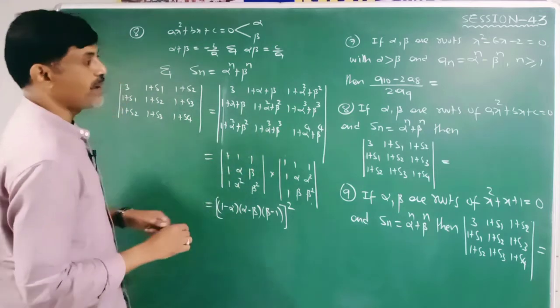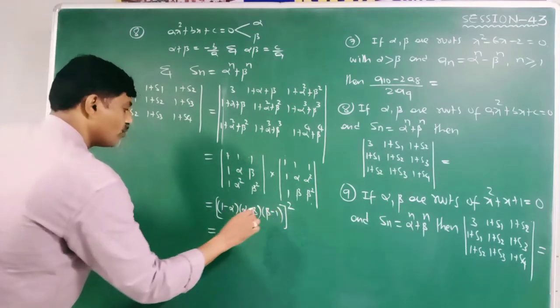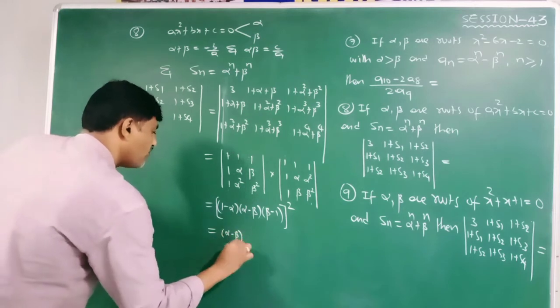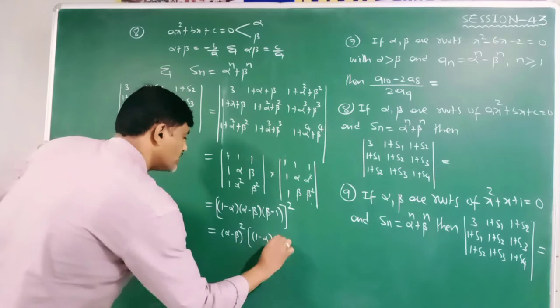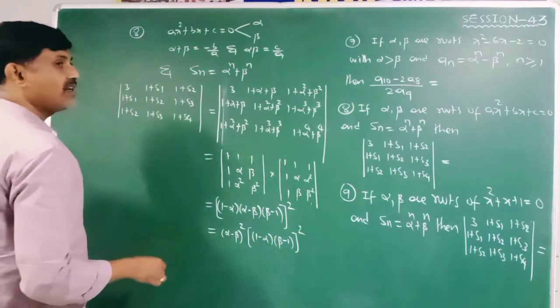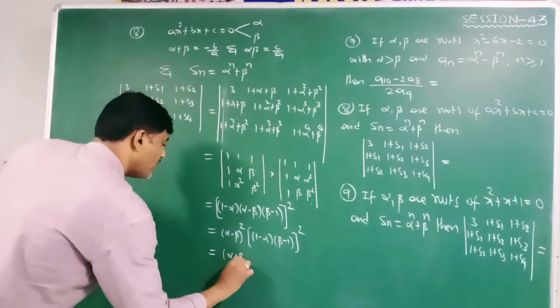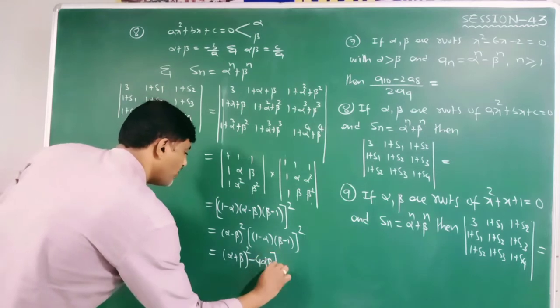Now we have to expand. First we multiply to get alpha minus beta whole square into 1 minus alpha into beta minus 1 whole square. We can write alpha minus beta whole square as alpha plus beta whole square minus 4 times alpha beta.